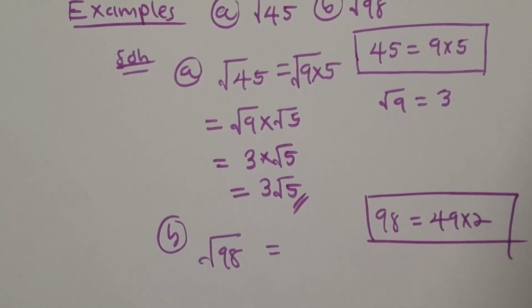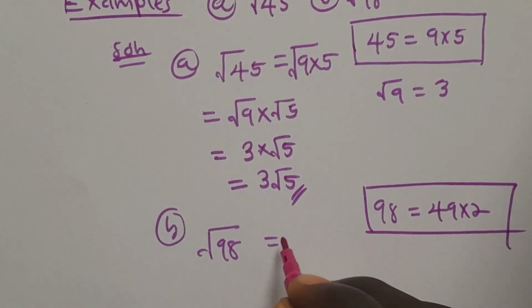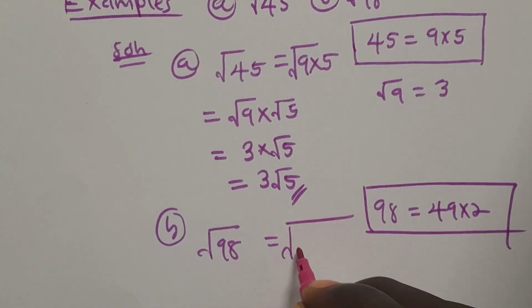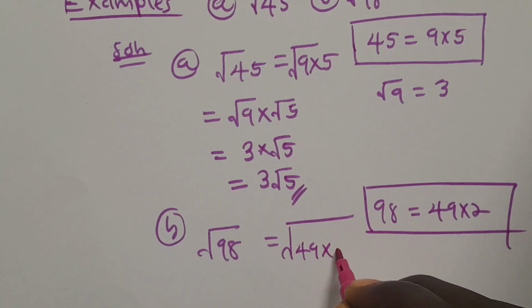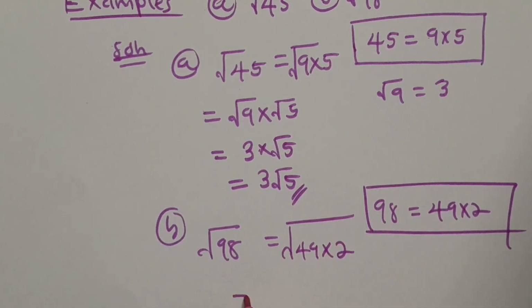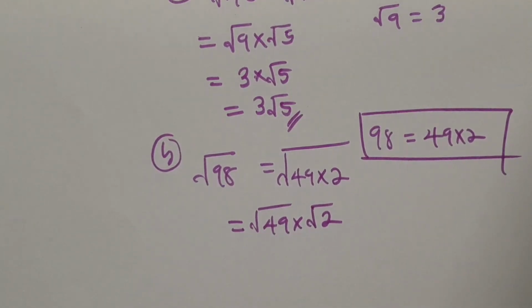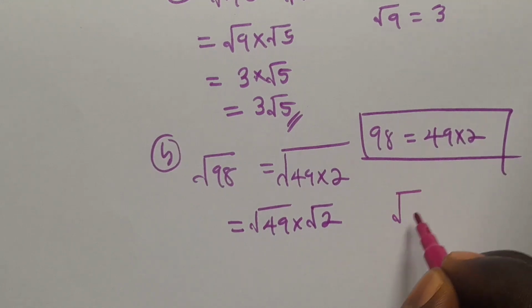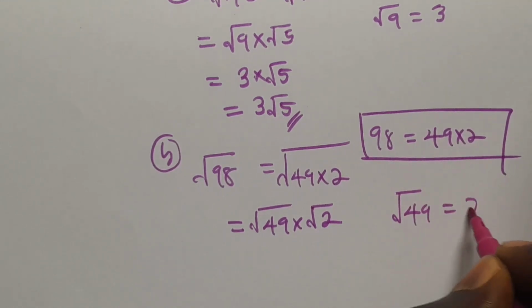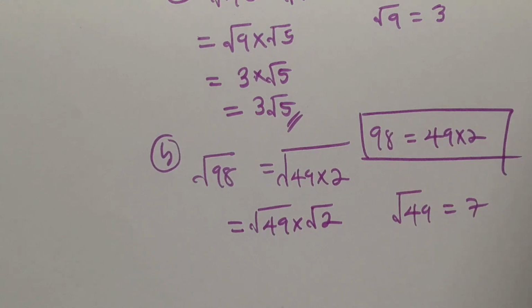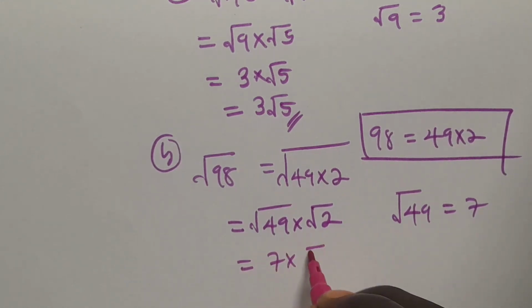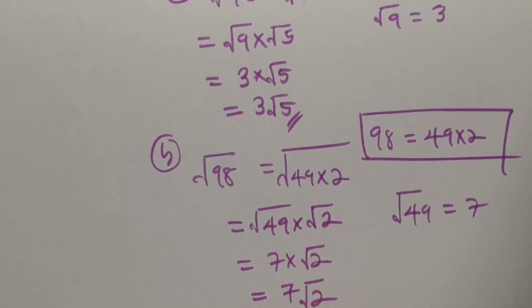We can now have square root of 49 multiplied by 2, and this will be equal to square root of 49 multiplied by square root of 2. Note that 49 is a perfect square because we can have it to be 7 multiplied by 7 equals 7 squared. So square root of 49 equals 7. So now we have 7 multiplied by square root of 2, which is equivalent to 7 root 2.